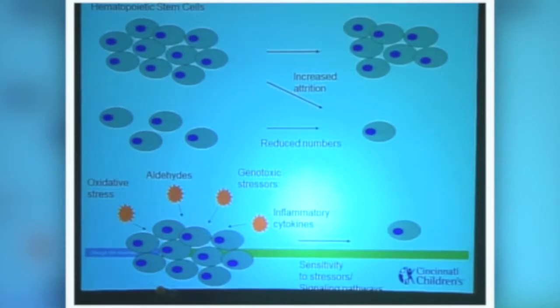So oxidative stress is one of them. Aldehydes are also one of them, genotoxic stress, or inflammatory cytokines. If you pick up the literature, you will read all about it, and essentially it leads to sensitivity to stressors and signaling pathways.